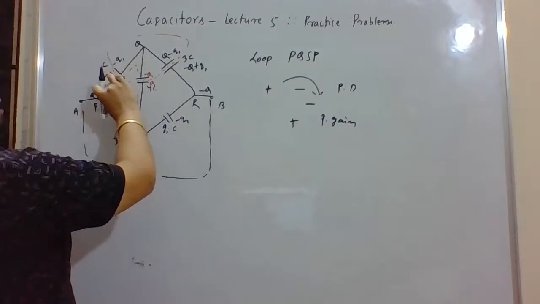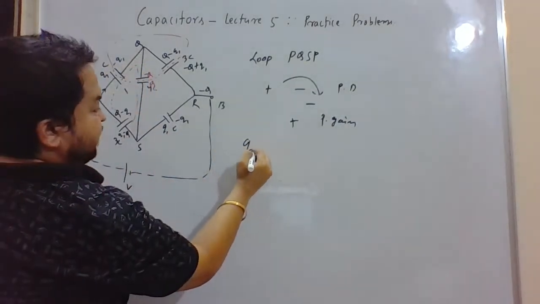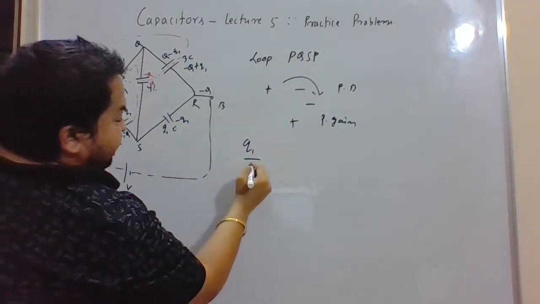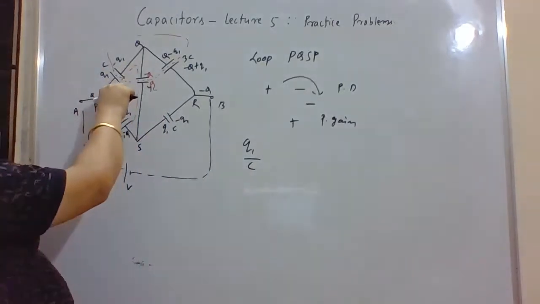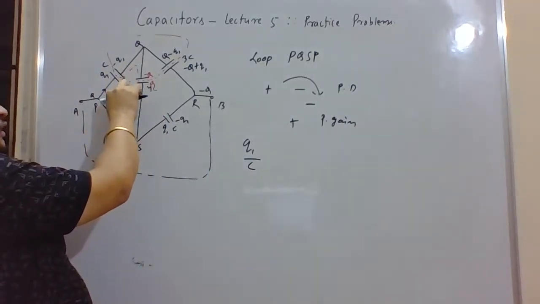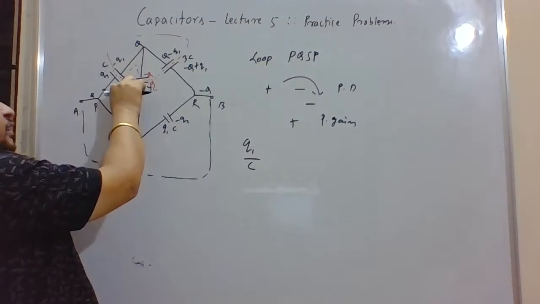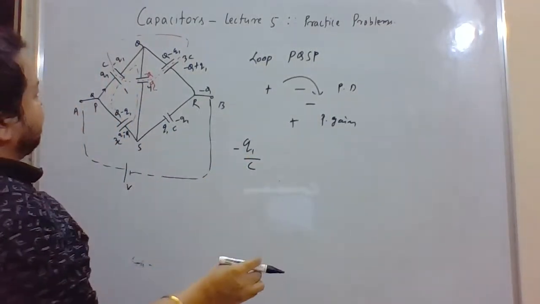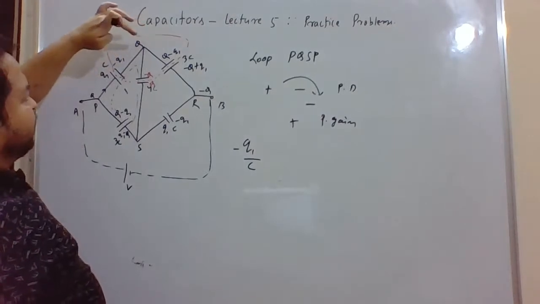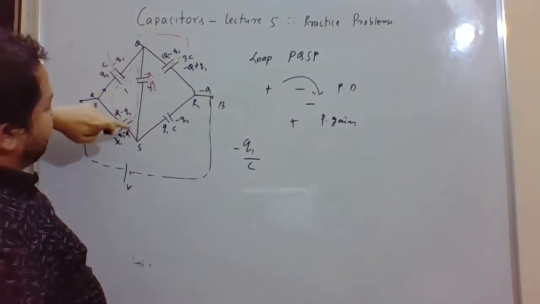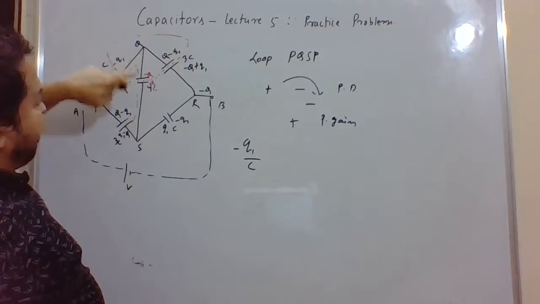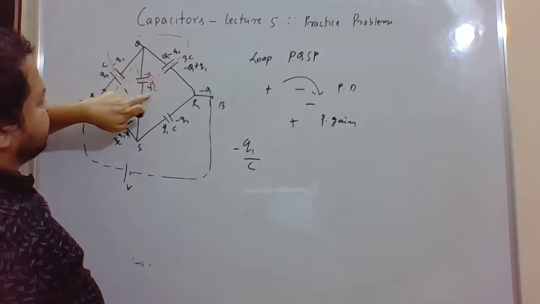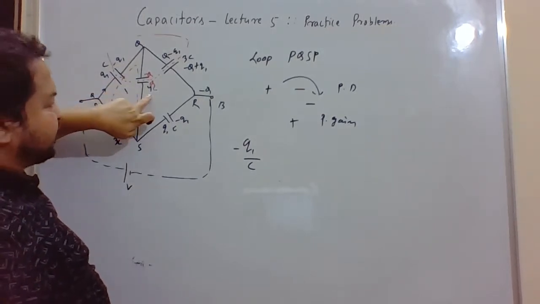So the potential here is Q1 by C, plus or minus. I'm going from the positive terminal of the capacitor to the negative terminal, so it will be minus, a potential drop. I reached point Q. From point Q, I am going towards point S, and there I encountered this capacitor whose capacitance was 4C.